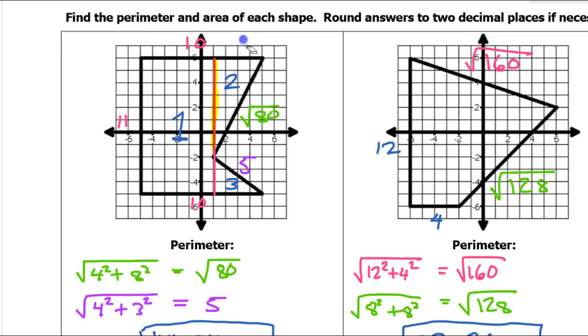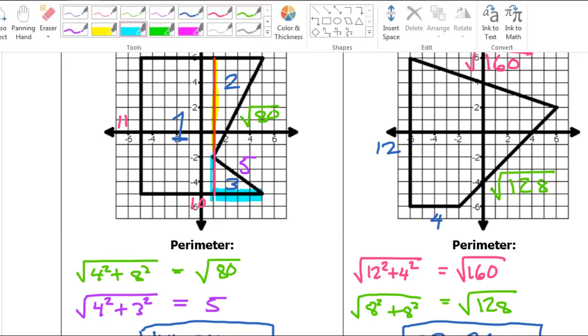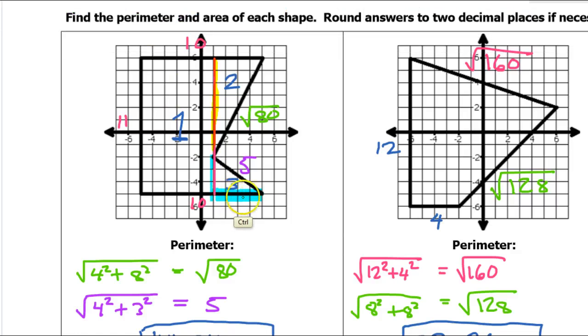Okay, let me just erase some of this stuff. Okay, so area 3, here's the base and here's the height. So what do we have? The base is right here. That's 4.